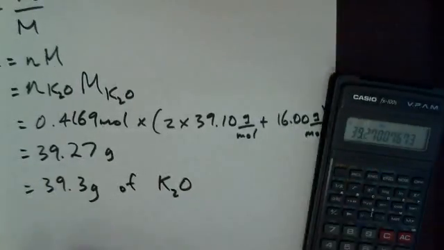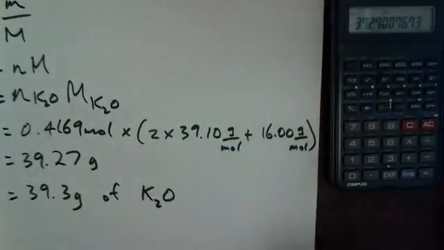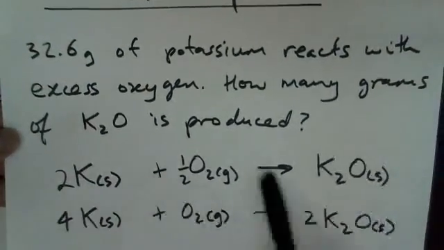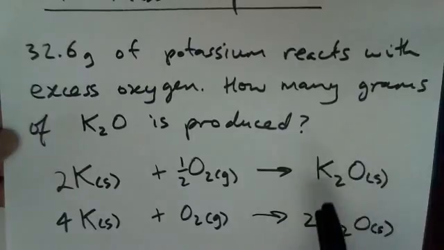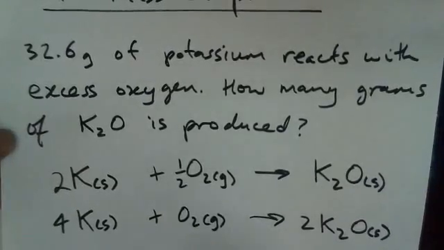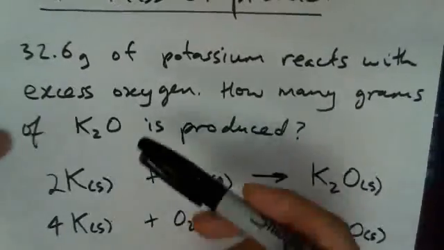So that's a simple method of calculating the grams of product from the grams of reactant. And so just to walk back through the steps, you really have to get a balanced equation worked out first. If you don't, it won't be in the right stoichiometric ratio when you're trying to calculate things.